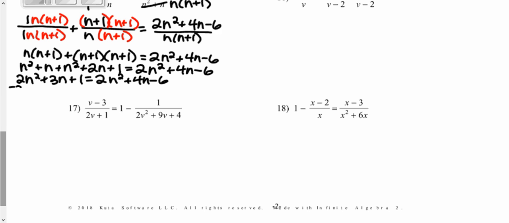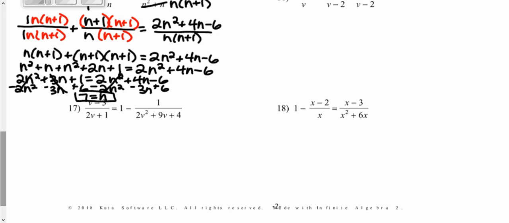So if I subtract 2n squared, you'll actually find that those cancel out. So then I could subtract 3n and add 6 over here. So I would end up with 7 equals n.